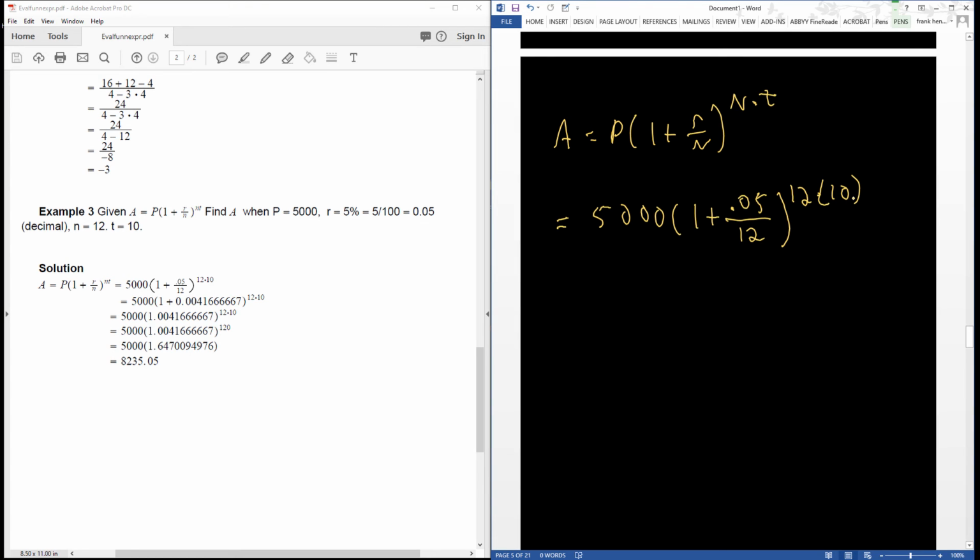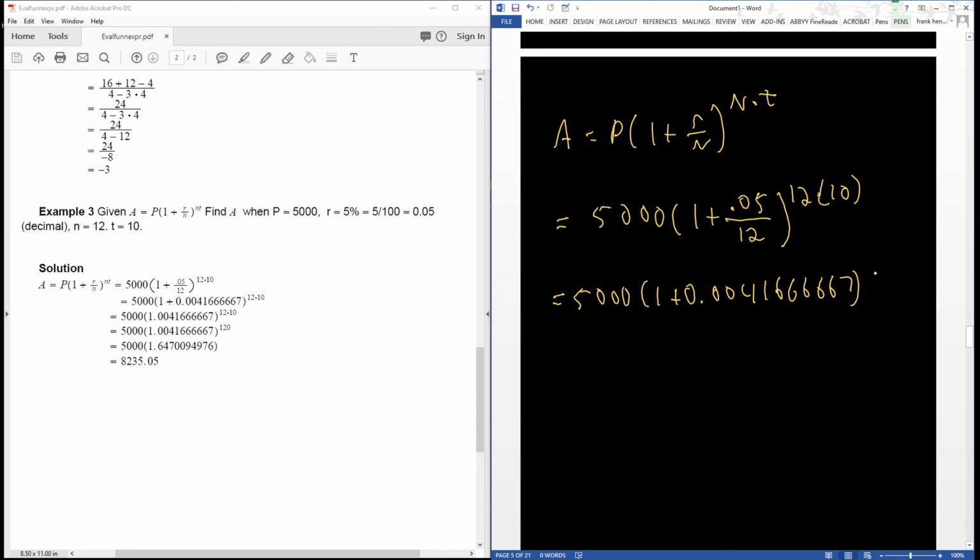Okay, so we start simplifying. In this case here, we want to do this in the parentheses first. So I have 5,000 times 1 plus, and I have here 0.0041666667.